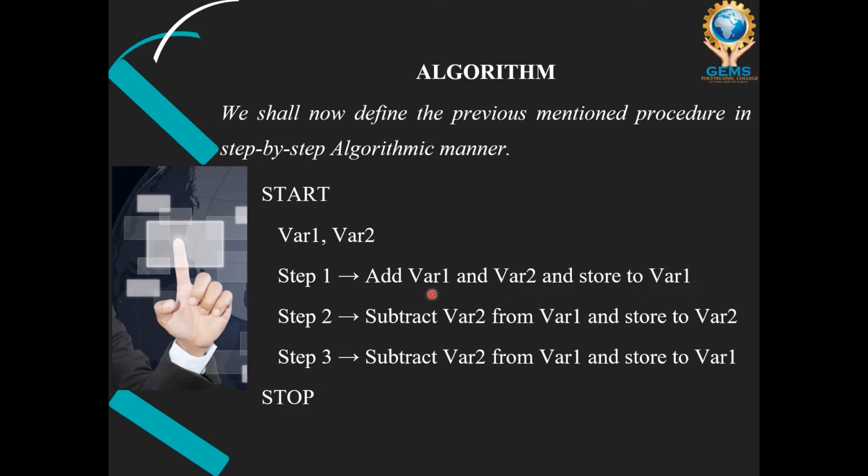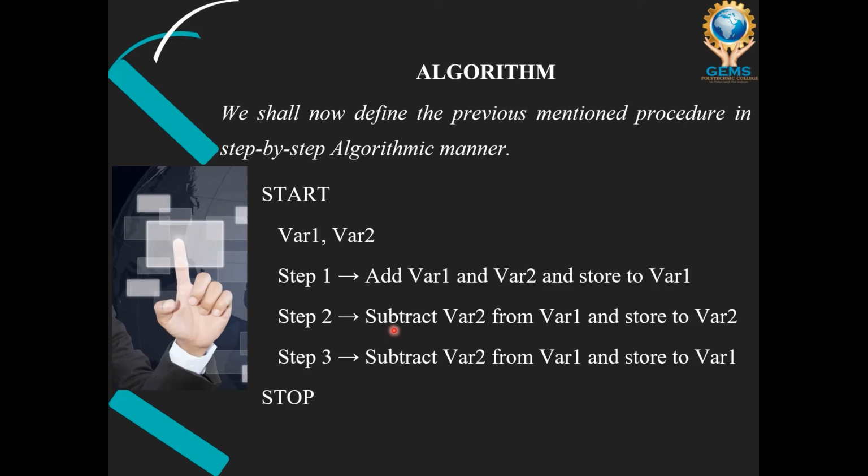As I told you, there were 2 variables, A and B, and I assigned 1 to A and 2 to B. I am going to do the same thing. Instead of A I am using variable 1 and instead of B I am using variable 2. So these 2 values are added and finally stored to variable 1.